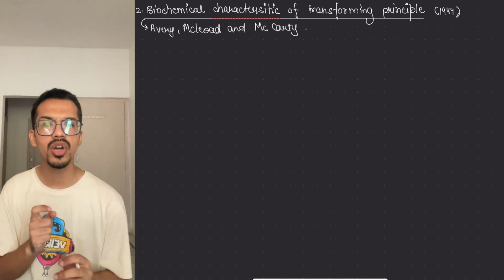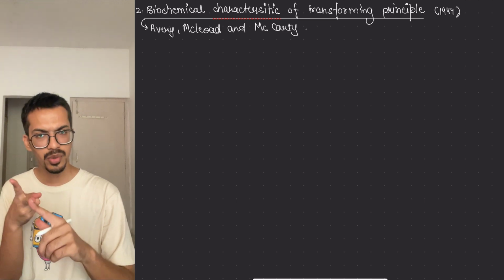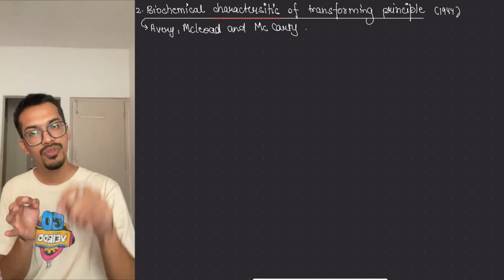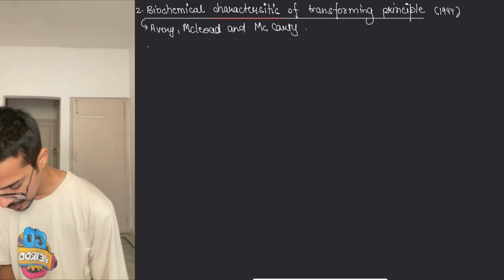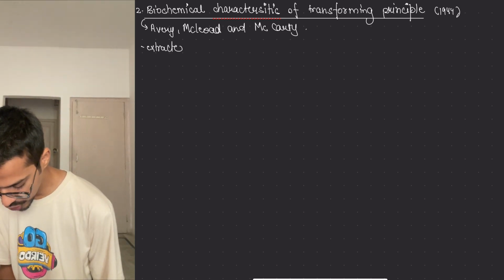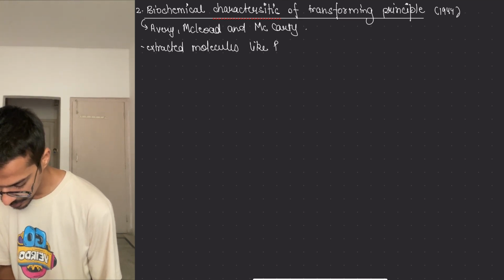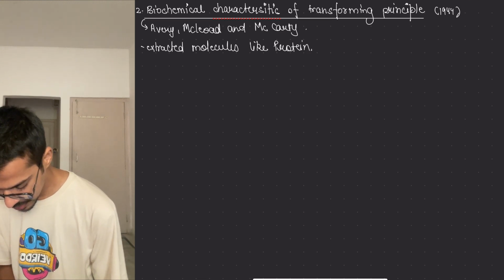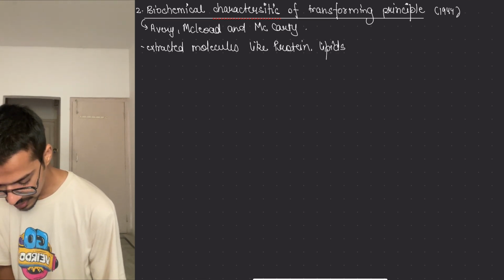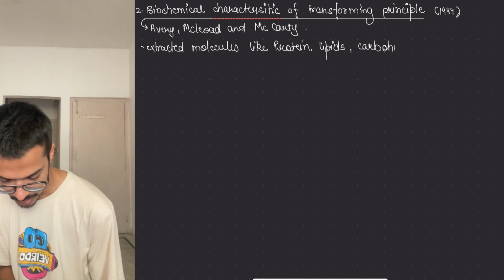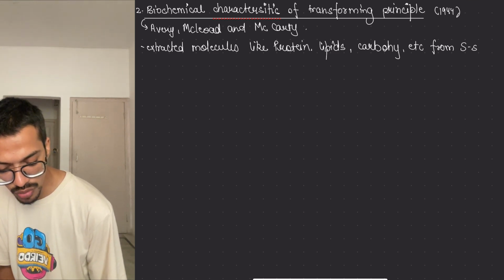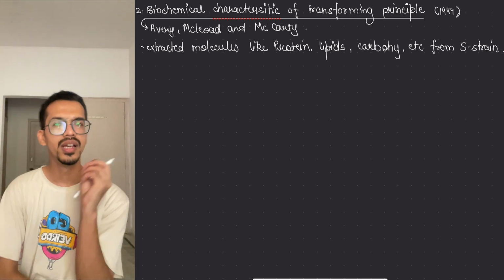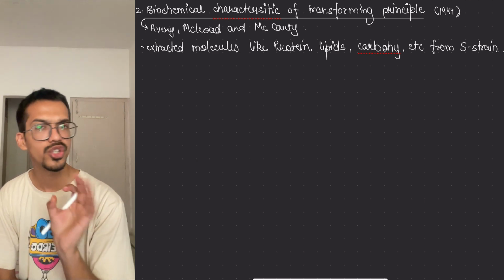Now they extracted the molecules like protein, lipids, carbohydrates, RNA, DNA from the S strain, because any of these molecules could be responsible for the transformation of the R strain.